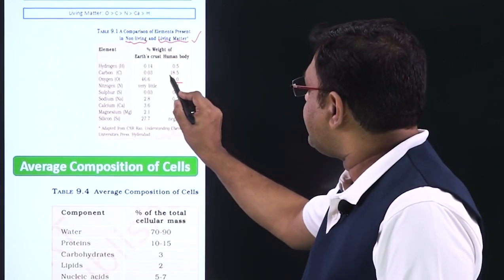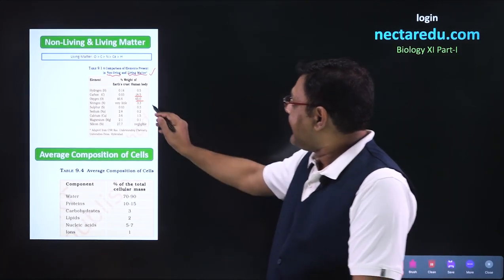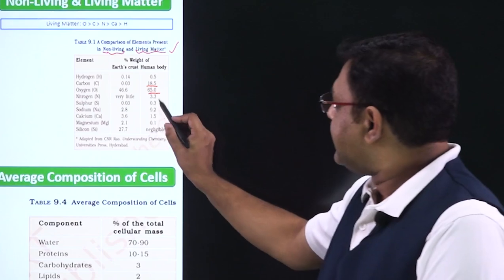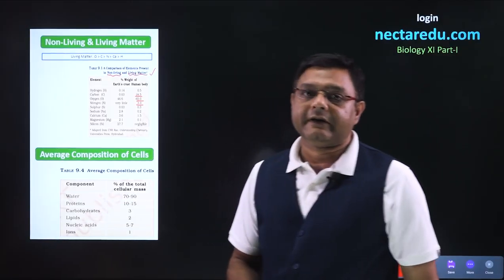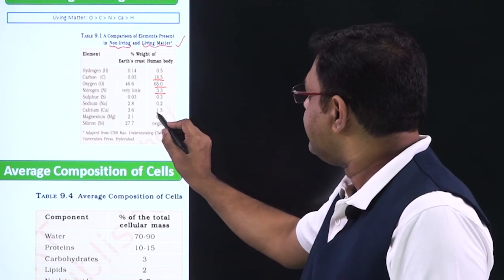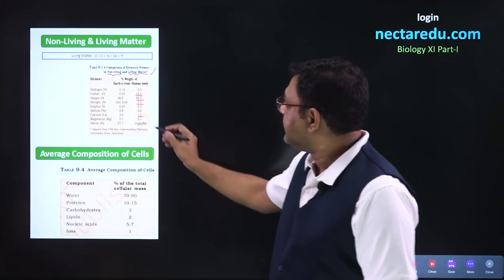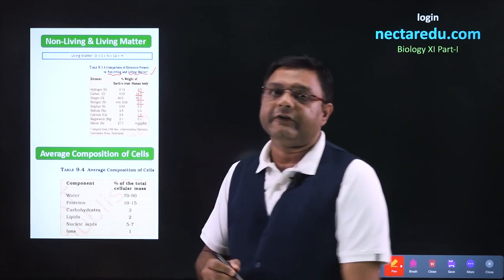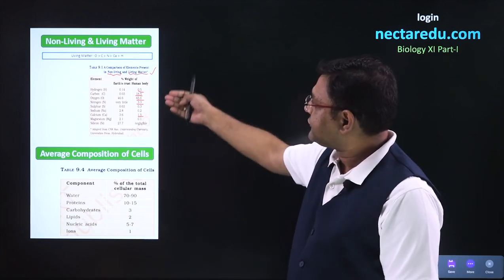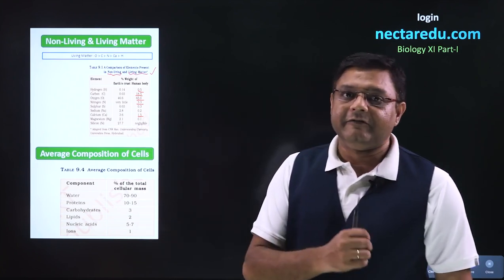Here we can see the percentage of carbon given is 18.5. Next comes the nitrogen. The percentage of nitrogen is 3.3, which is given over here. After nitrogen comes the calcium, which is 1.5%, and fifth element we can see it is hydrogen, which is 0.5%. So, studying the descending or ascending order of 5 elements will be sufficient.